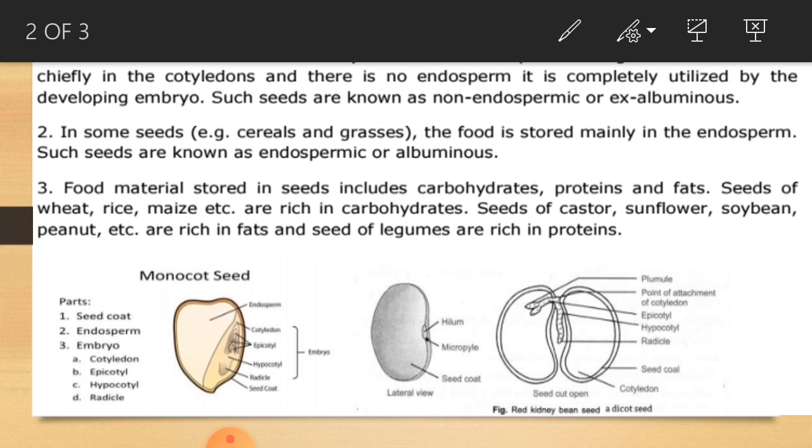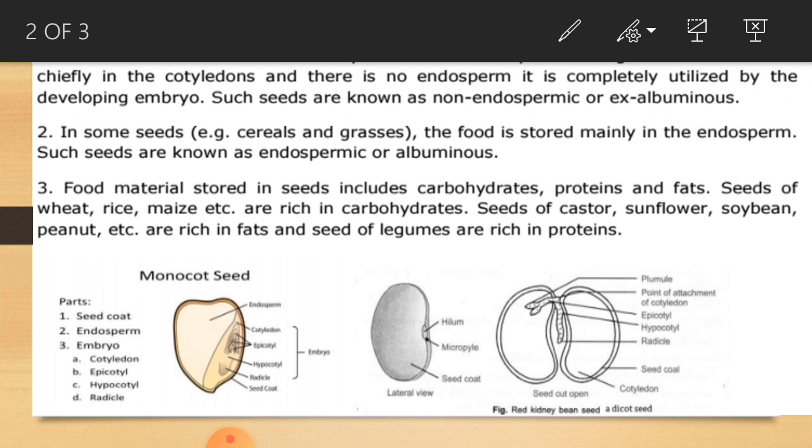Food material stored in seeds includes carbohydrates, proteins, and fats. There may be different types of nutrients. Seeds of wheat, rice, maize, etc. are rich in carbohydrates. Seeds of castor, sunflower, soybean, and peanut are rich in fats, and seeds of legumes are rich in proteins.